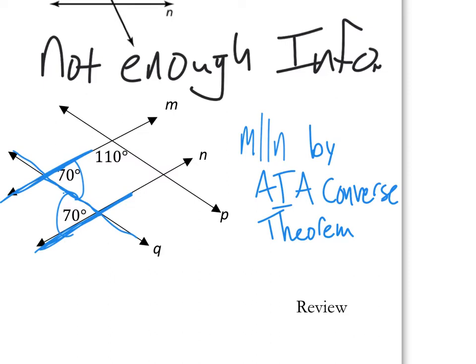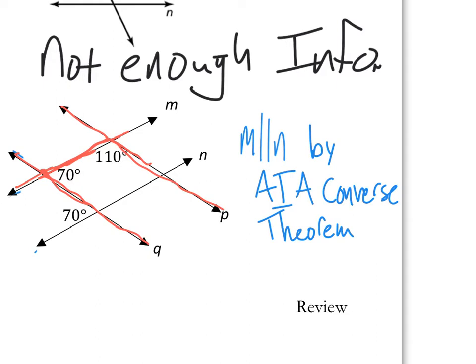All right. Well, do we see any other connections? We see two other lines that we would like to say are parallel. It looks like Q and P. Those guys look parallel. Well, let's look at these angles. So 110 is this angle right there, and 70 is that angle, and those two angles deal with Q and P. Notice they have nothing to do with line N. Line N is not made by either of those angles.